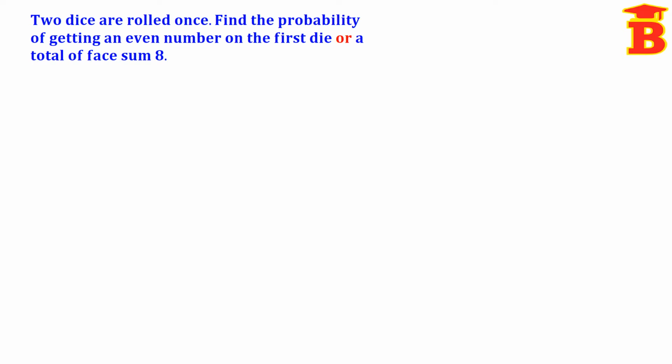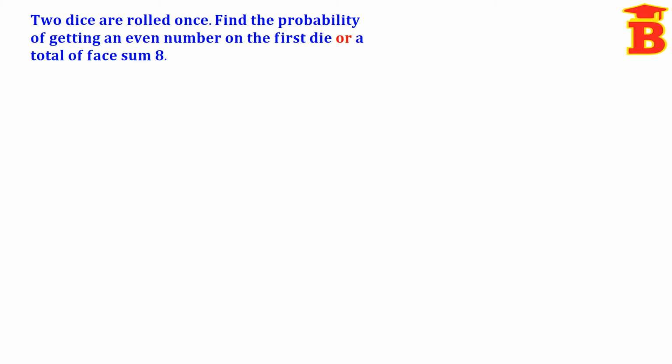Next problem, 2 dice are rolled once. Find the probability of getting an even number on the first die or a total of face sum 8. Here in the question, if we have the word or, then we have to use the union formula, that is the P(A union B) formula.